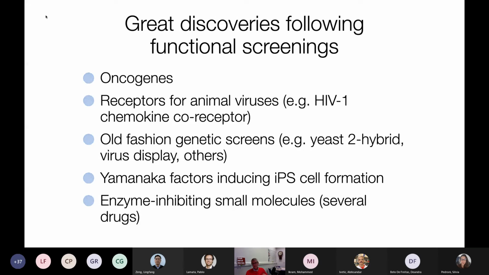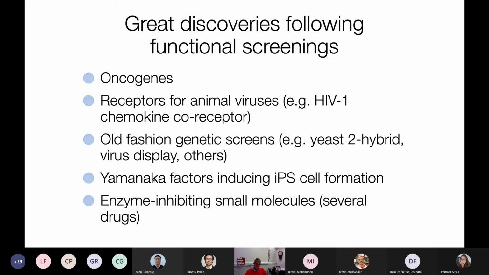So he took a cDNA library again from CD4 positive T lymphocytes, believing that these are infected, so they must have this co-receptor, transfected HeLa CD4 cells, and then he selected cells that at that point were infectable by fluorescent HIV. In this way, one of the chemokine receptors, CXCR4, was discovered for HIV.